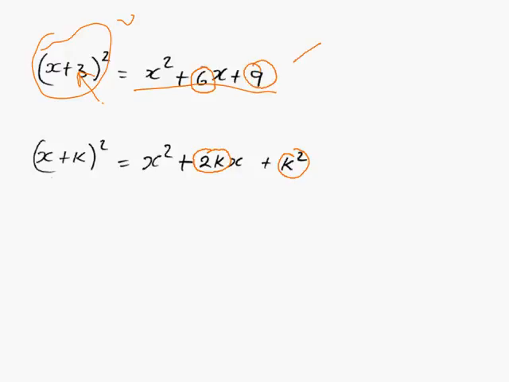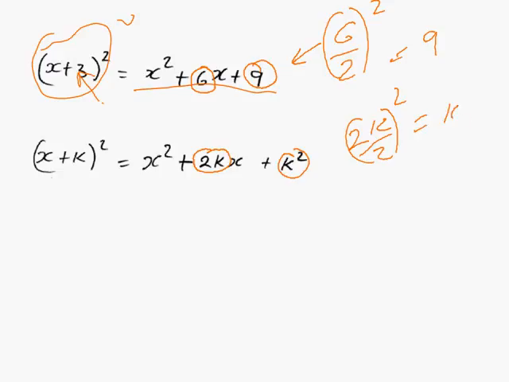Basically this 9 is actually 6 over 2 squared. That will give you 9. So this k squared will be 2k over 2 squared. That will give you k squared. So just remember, there is a unique relationship between the second coefficient, like this one here, and the third coefficient.